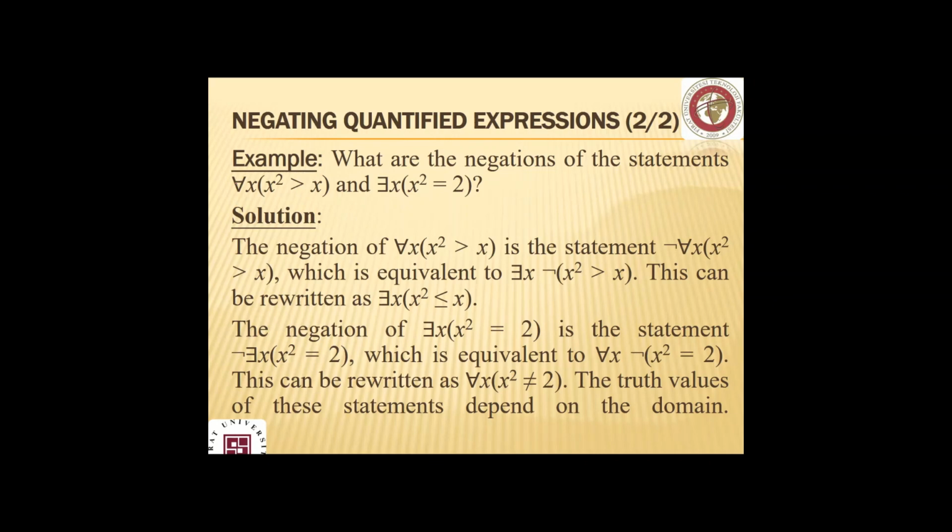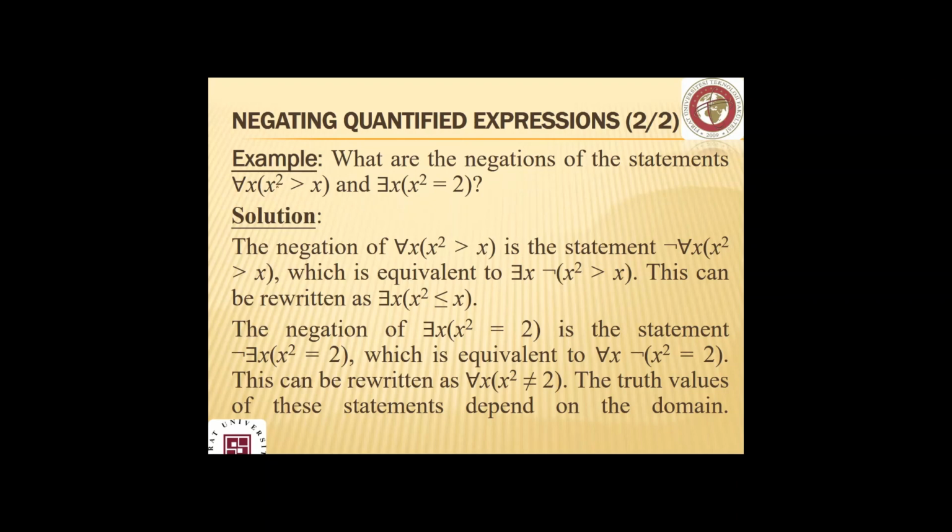So if you negate this one, now what happens? For all values of x, x squared greater than x is true. Negated first, it will be there exists x such that not x squared greater than x. So what does it mean? Not x squared greater than x.